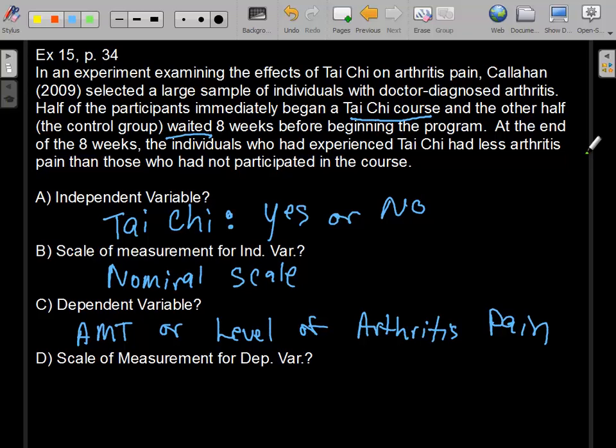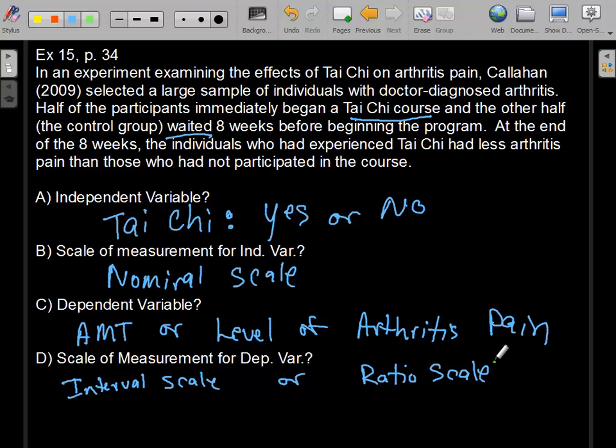I don't know how they're doing it. And so when it comes to the scale of measurement, it might be the interval scale, or it might be the ratio scale.